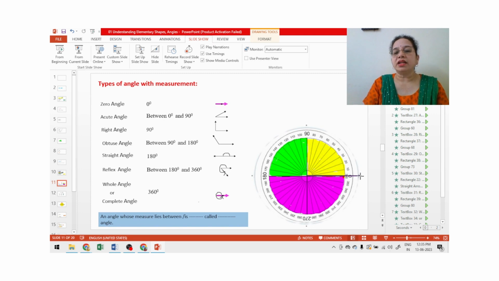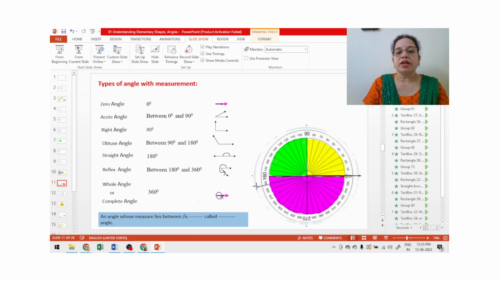Two rays are there, initial ray and terminal ray. When we rotate this terminal ray, we get the different types of angles. So here it is an acute angle. Now this is your 90-degree angle. Again rotate your terminal ray, this will give you an obtuse angle. And now this is your straight angle.